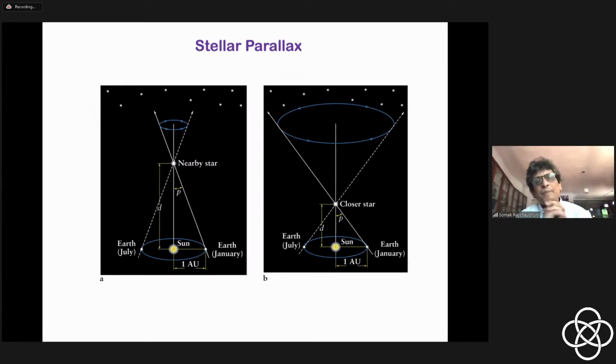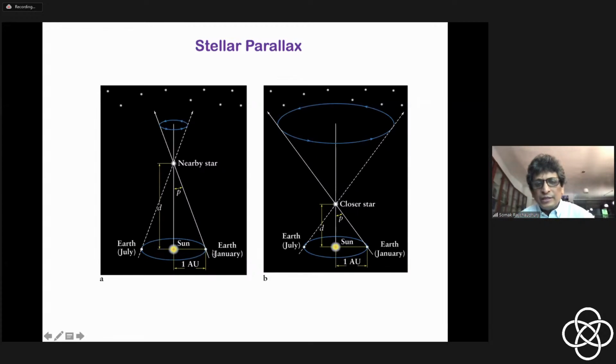Now, for stellar parallax, the Earth is going around the Sun at 1 AU, and this is why the distance measure I just described, between the Earth and the Sun, is very important.